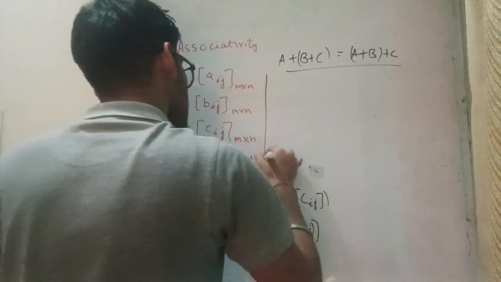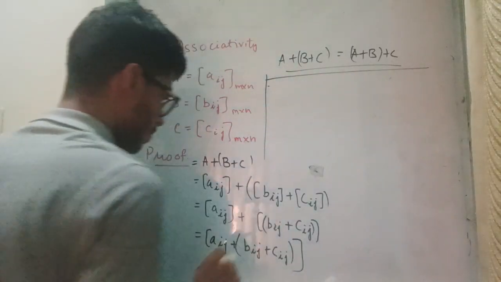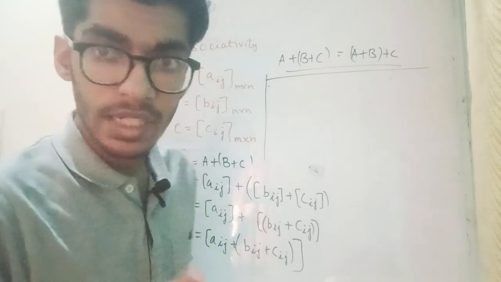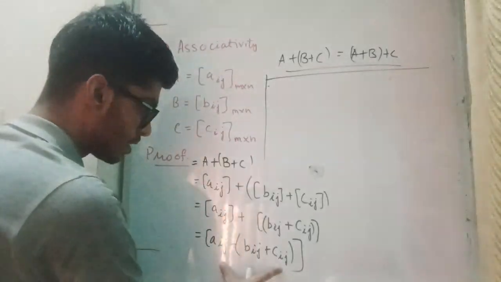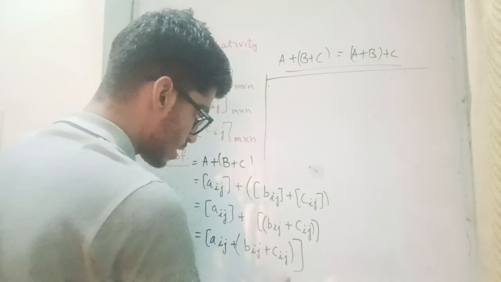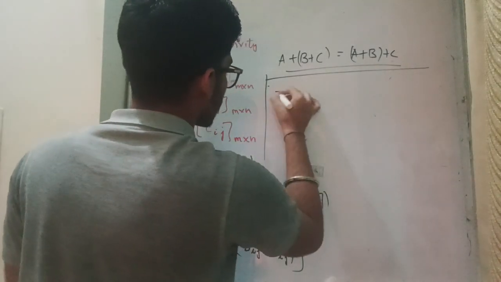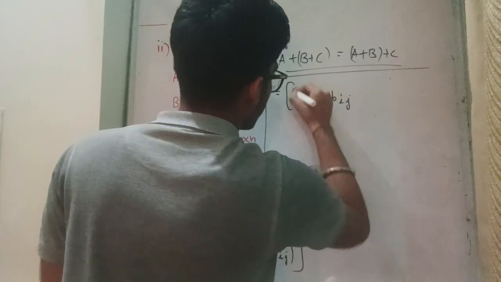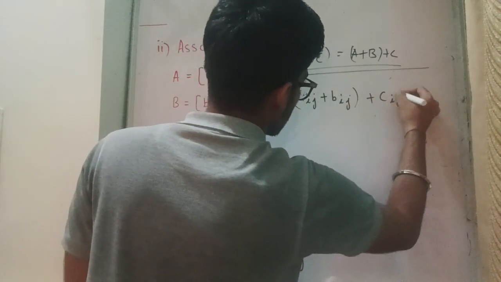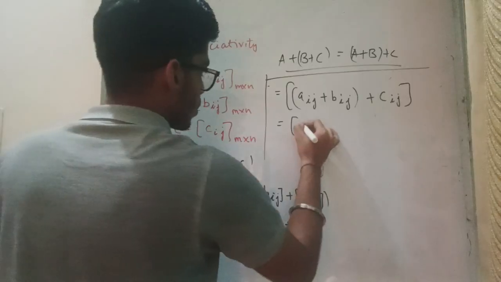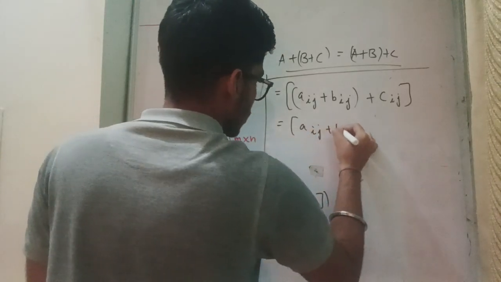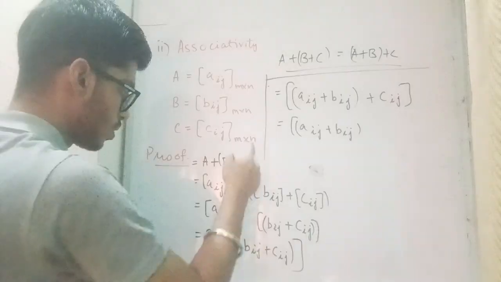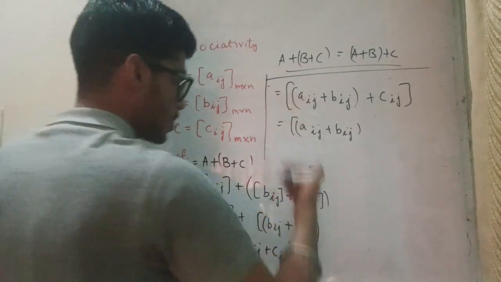Now, let's write it over here. We know that addition of numbers follows associativity. So I can write this, that is Aij plus, inside brackets, Bij plus Cij, as (Aij plus Bij) plus Cij. Now I start doing things in reverse. What we have done in these three steps, I will do in reverse.